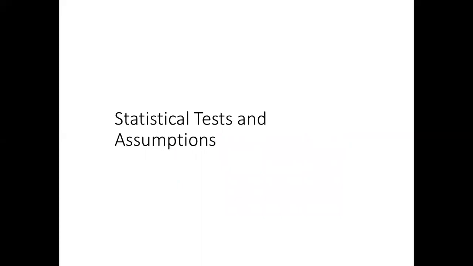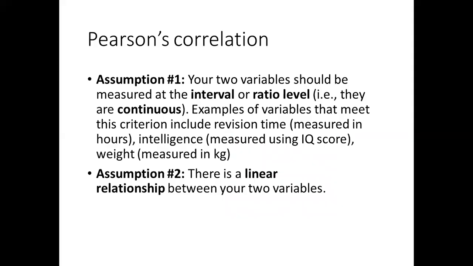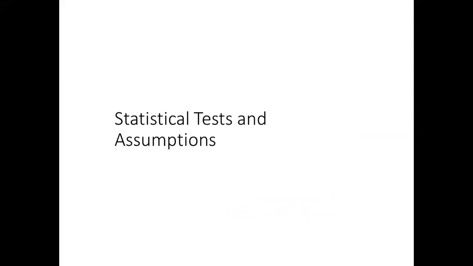They also have statistical tests and assumptions. I'm not going to go into detail on this as well. Remember I said that we have non-parametric and parametric statistics. At any point that the assumption of the parametric statistic is violated, then the equivalent non-parametric test is going to be used for data analysis.